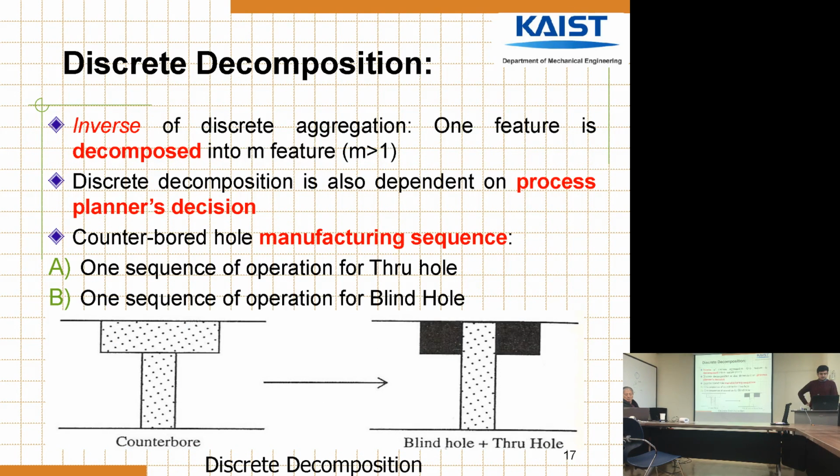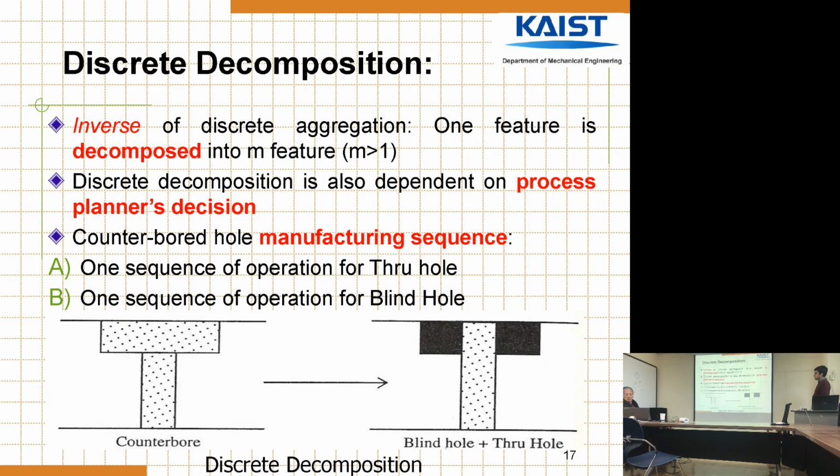Discrete decomposition is again the inverse of discrete aggregation. Here one feature, depending on the ease of machining or manufacturability, is decomposed into more than one feature. So discrete decomposition is also dependent on the process planner's decision.